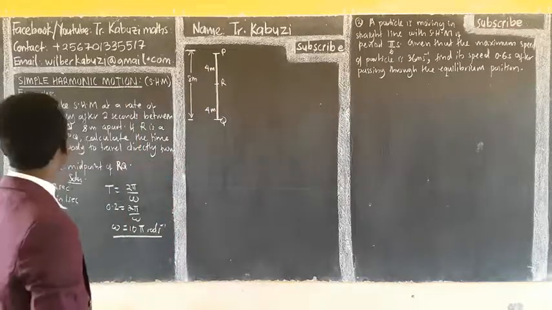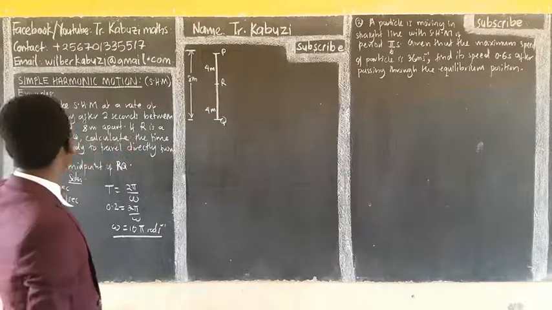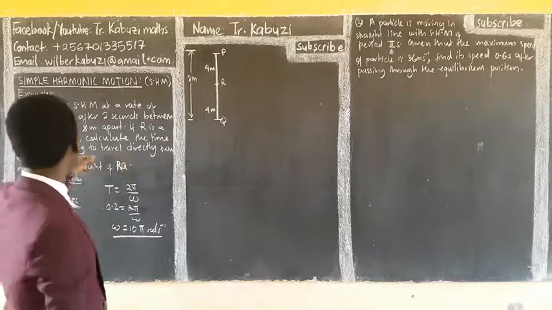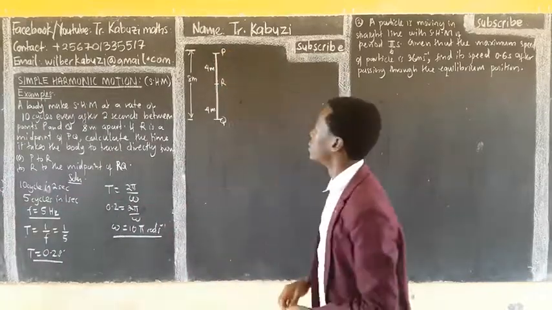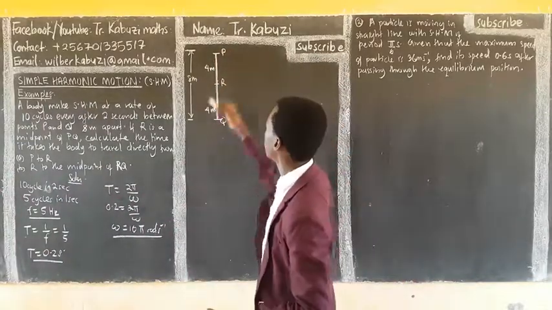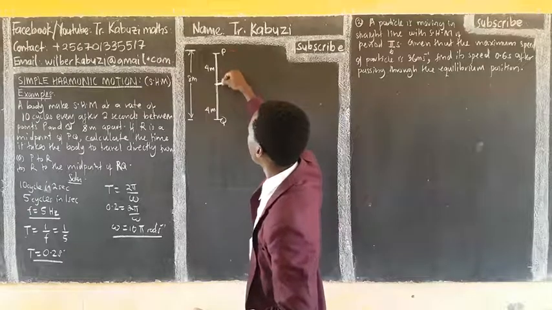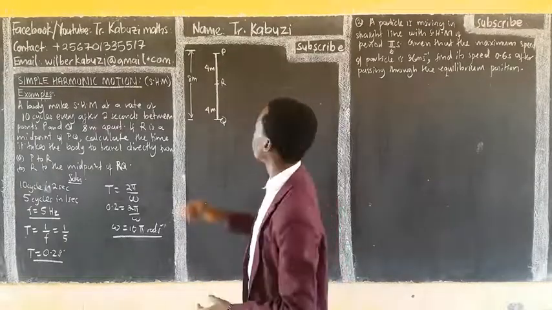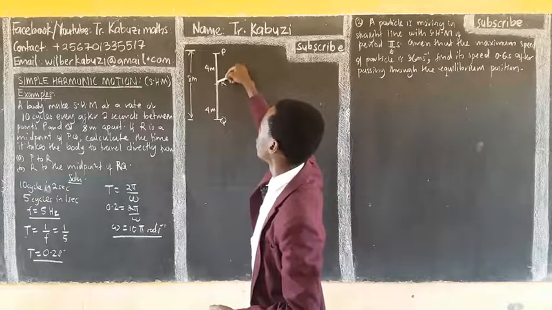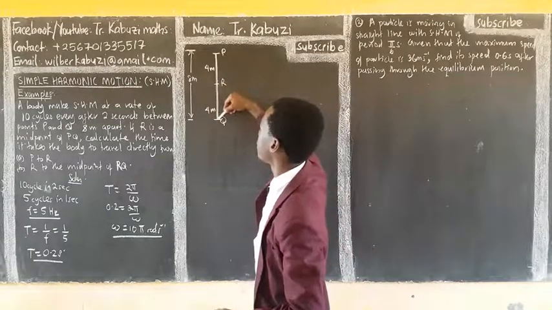Okay, they are now asking to find the time it takes the body to travel directly from P to R. A full cycle is when you come here, here, here, here. That's when we have a full cycle. From here up to here is half a cycle.